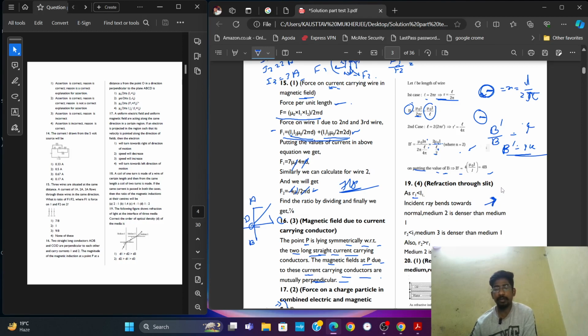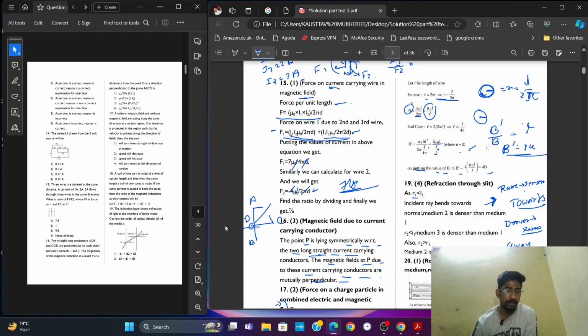That means whenever the light ray passes from rarer to denser, the light ray comes towards the normal, and whenever it moves from denser to rarer, in that case it moves away from the normal. It is away from the normal and towards the normal.